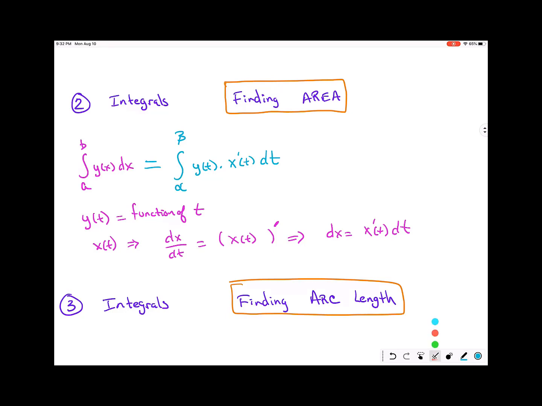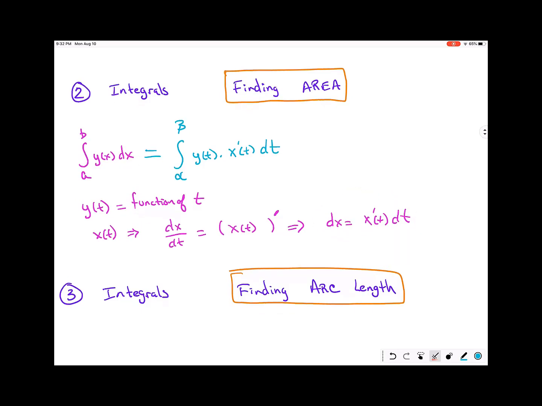All I did was use the substitution rule. I substituted y of t in for y of x, and dx was equal to the derivative of x of t, times dt.